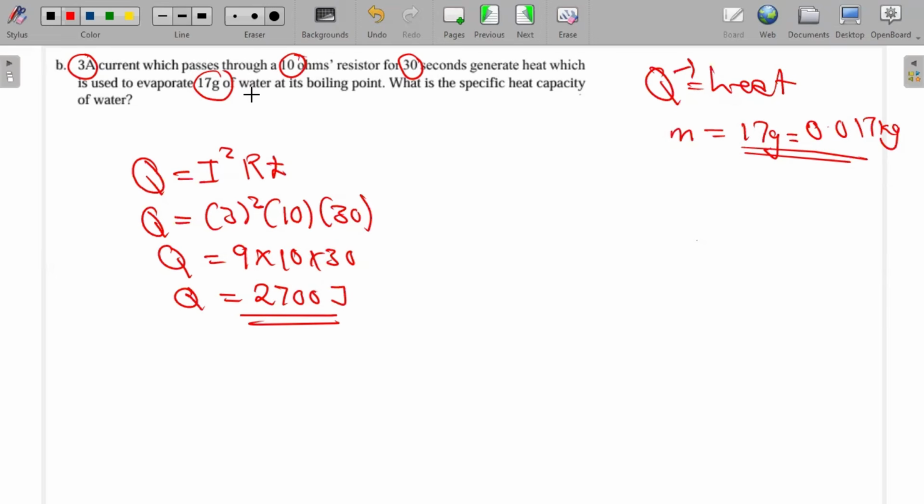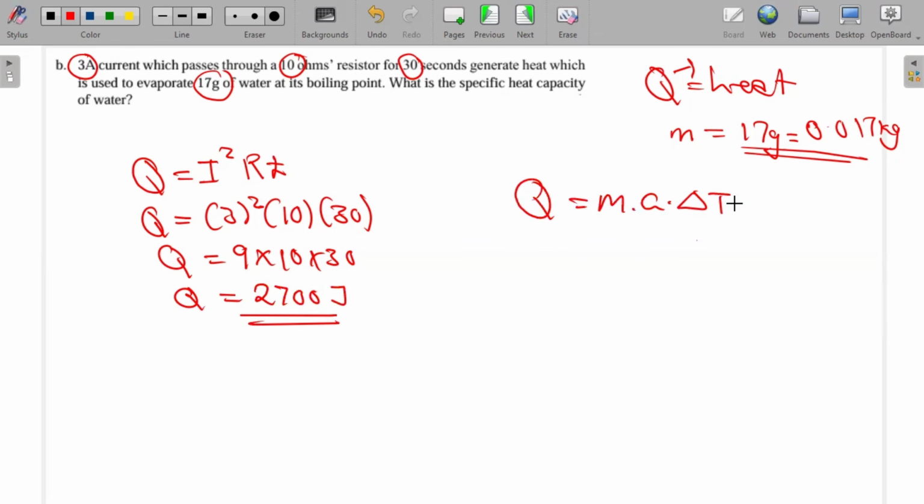So what do they want? They want us to calculate the specific heat capacity, and we know the amount of heat that is absorbed to evaporate a certain amount of a substance is equal to Q. Using the formula for specific heat capacity, Q is equal to mass multiplied by the specific heat capacity itself multiplied by the change in temperature.